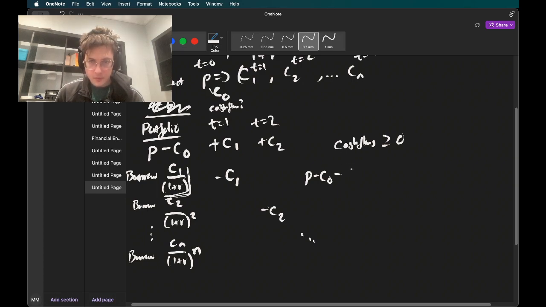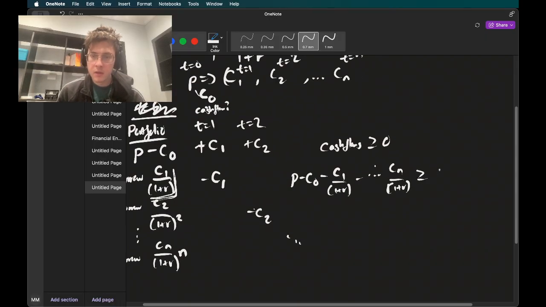So that's why this is equal to C1 over 1 plus R minus Cn over 1 plus R. And again, here we're applying the weak arbitrage condition to determine that the price of this contract should be greater than or equal to the sum of Ck, k from 1 to n, divided by 1 plus R to the power of k.